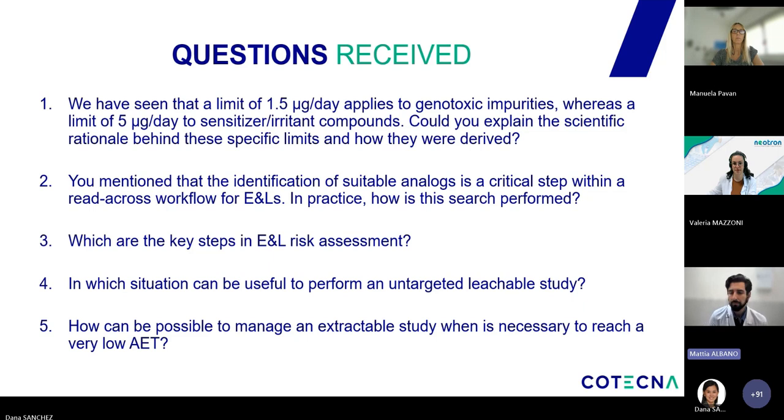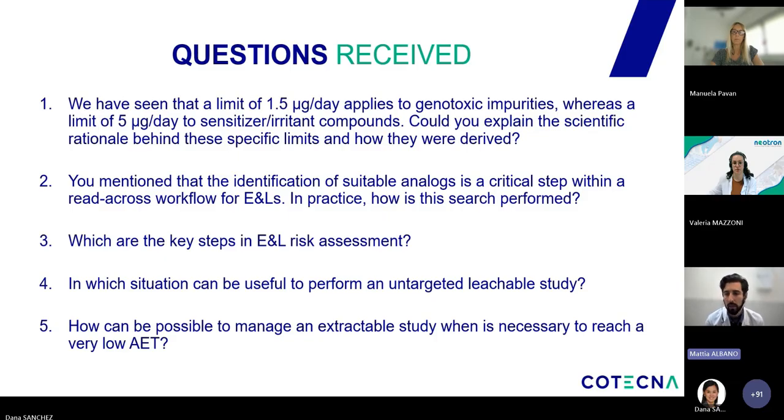In my opinion, the untargeted leachable study can be helpful for different applications. For example, I think about little changes in the container closure system of a drug product. So, for example, changing the composition of the adhesive of a label.